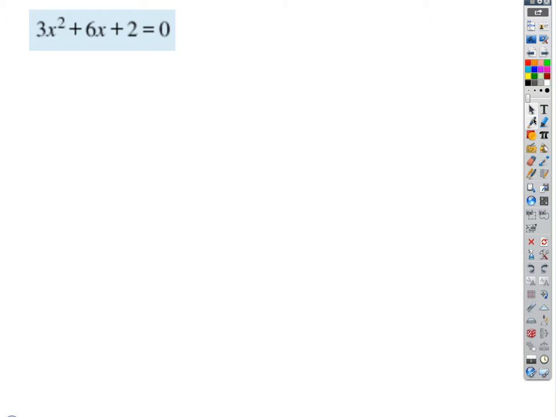Okay, so what are we going to do? We got to get the x squared and the 6x by themselves, so we'll chase the 2 to the other side. So we get 3x squared plus 6x, leave a space, equals -2.